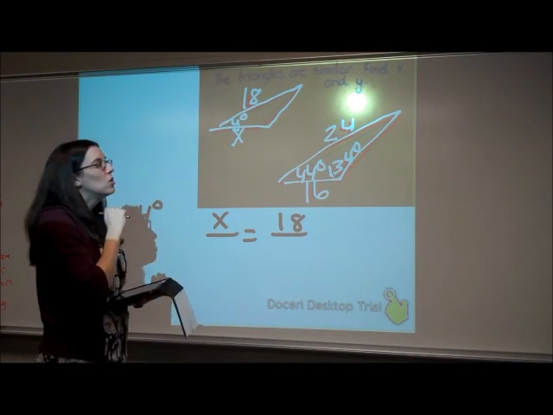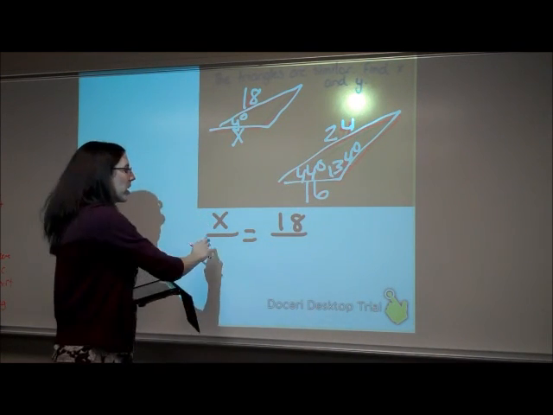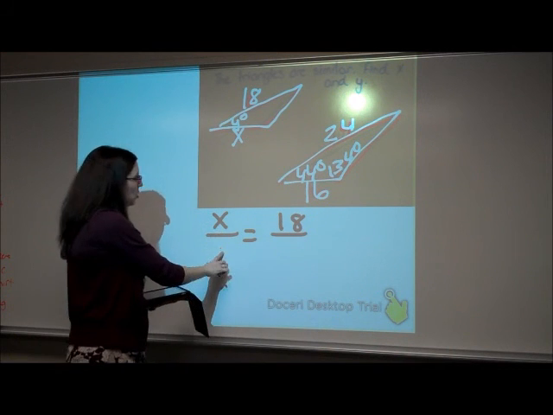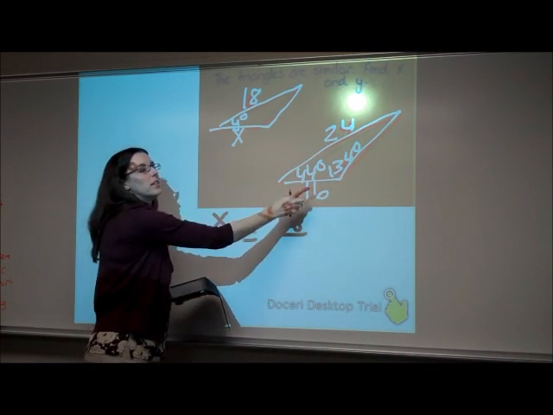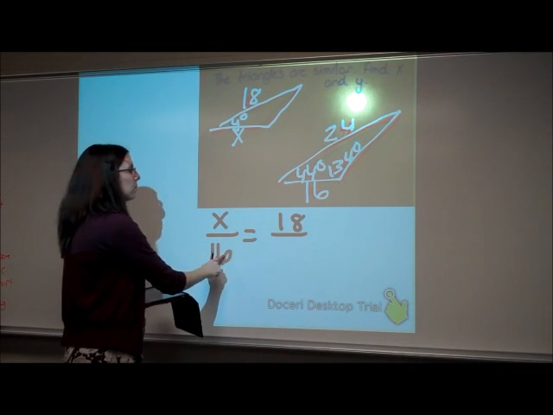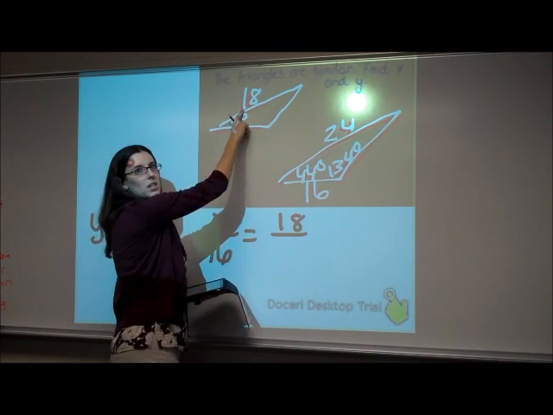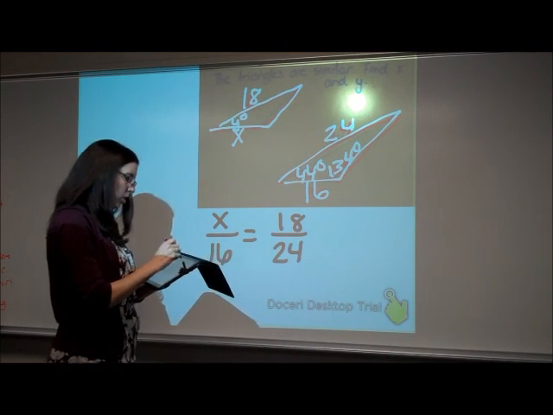Now we need to look in this triangle to figure out which are our corresponding sides. So with x, what matches with x? 16. So underneath x, I'm going to put 16. Then what matches with 18? 24. So I'm going to put 24 underneath there.